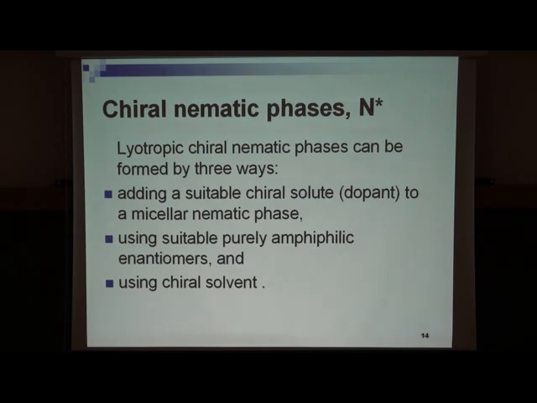These two ways are very common, but the third is not a common way to obtain chiral nematic phases. The first phases are also called induced chiral nematic phases, and the phases obtained by the last way are called intrinsic chiral nematic phases.